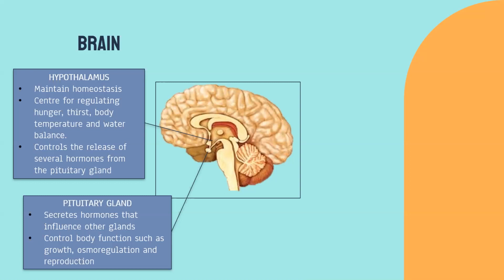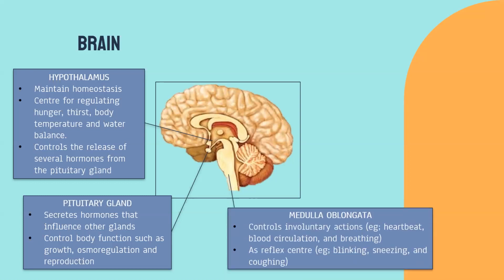Because the pituitary gland has all those hormones to control growth, osmoregulation, and also the hormones for reproduction. Next, another part of the brain is the medulla oblongata. This part is responsible for controlling involuntary action, for example your heartbeat, blood circulation, and also breathing.